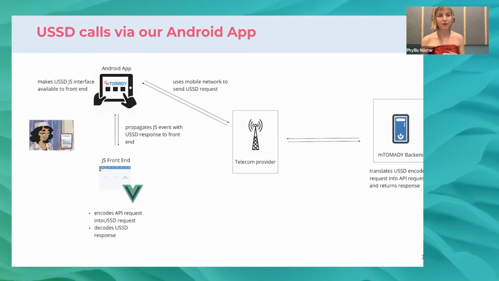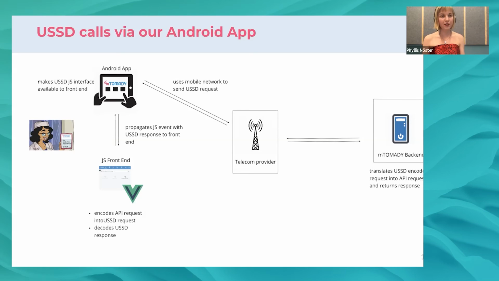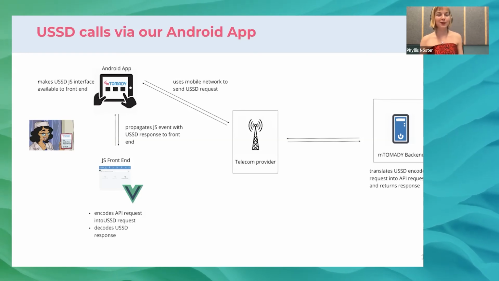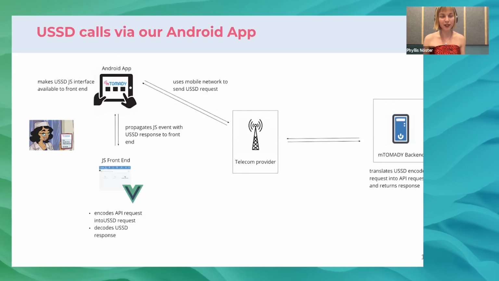And now, once we decode this USSD response in the front end, we have information from our backend without having used the internet. Maybe that's a lot, so we are also going to give an example in a second of how such a USSD request works and what it looks like.